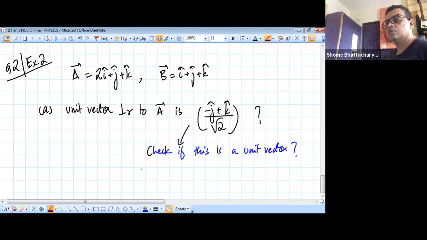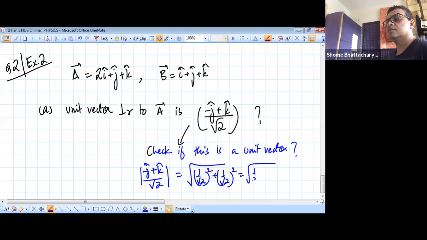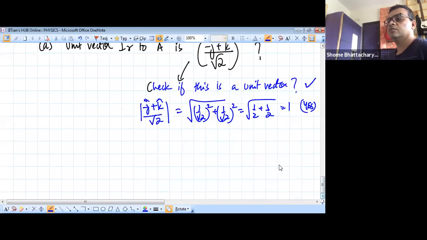The magnitude of minus j cap plus k cap by root 2 should be equal to the root of 1 by root 2 whole square plus 1 by root 2 whole square. That is the square root of half plus half, which is 1. So the answer is yes. Therefore minus j cap plus k cap, the whole thing by root 2, is a unit vector.